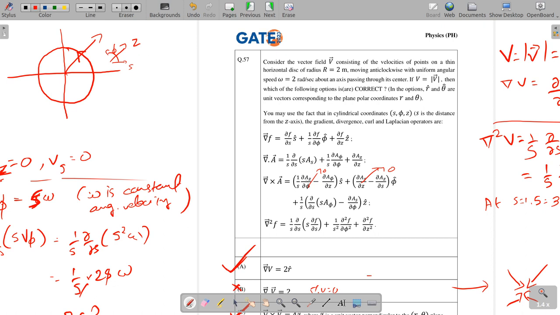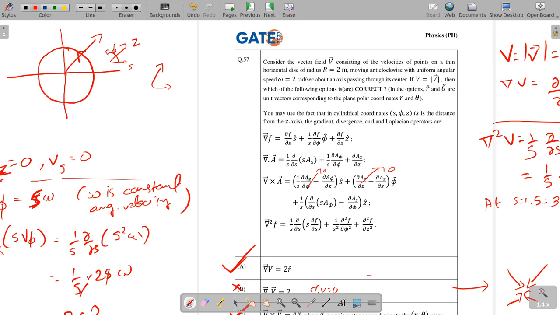Okay, so given that, it is a pure curl around the z axis, the velocity is turning around the z axis. That means there is no motion in the z direction, and also no motion in the s direction. The s and z directions will not have any components.